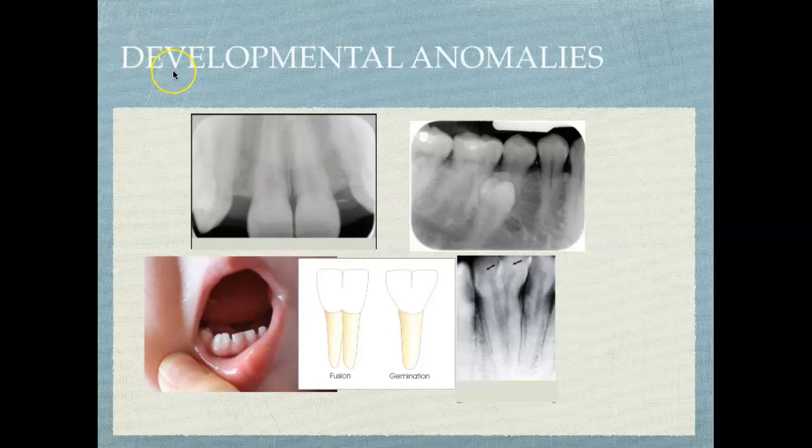Let's look at developmental anomalies that you may see on a radiograph so we can interpret them properly and not think that something happened to our x-ray image, that improper technique was used. Or if you're a new dental assistant, just so that you are knowledgeable about radiographic interpretation.